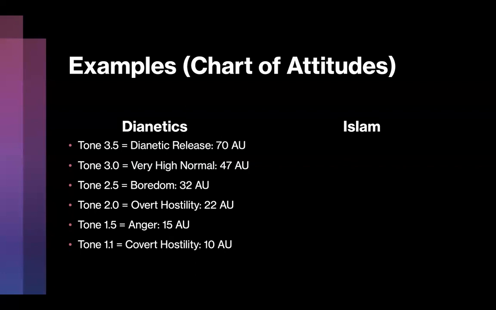Yes, sir. Okay. Go ahead, Brother Rashid. So the attention units, is that to say, like, the more you are in present time, the more units you're using? That's a good way of looking at it. The more you're in present time, the more you have access to attention units.